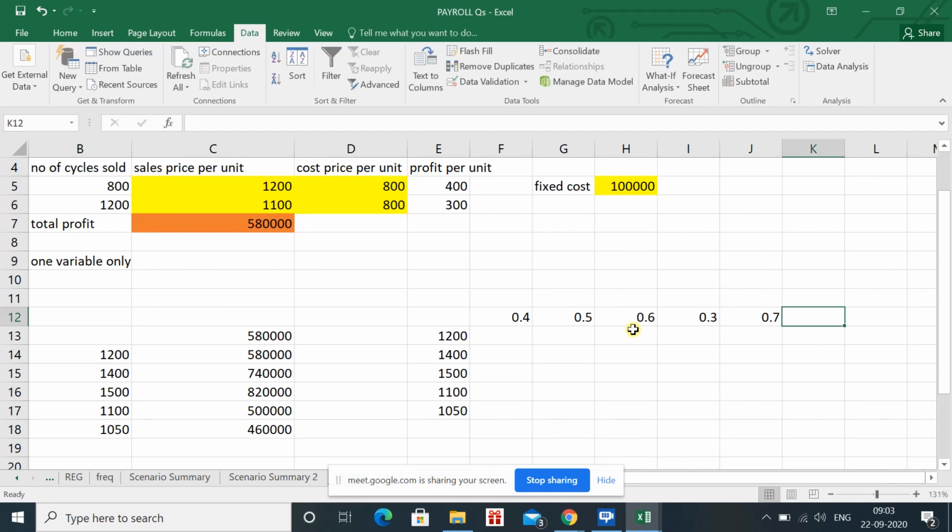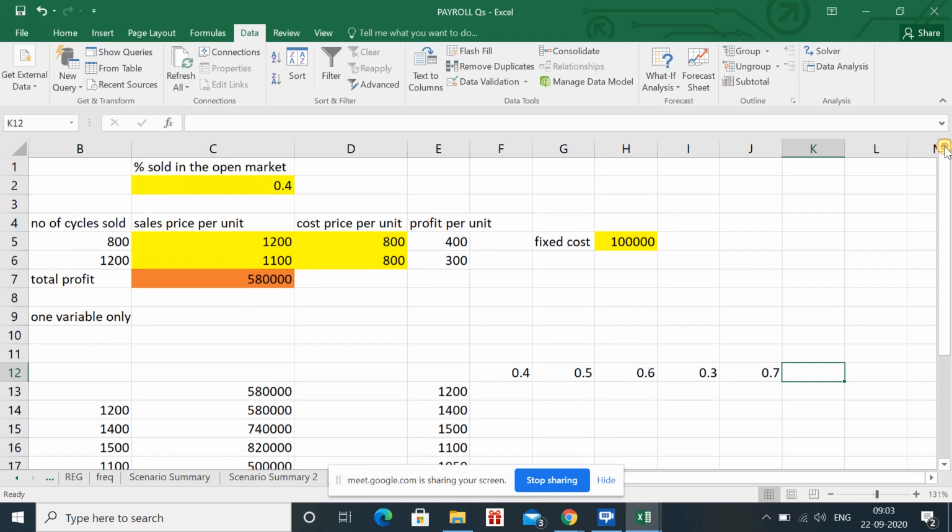So we have written two sets of values for multiple inputs: the selling price in the open market and the percentage sold in the open market. In the question, they have given that currently they are selling 40% in the open market at a price of 1200. But I'm taking the other options also.